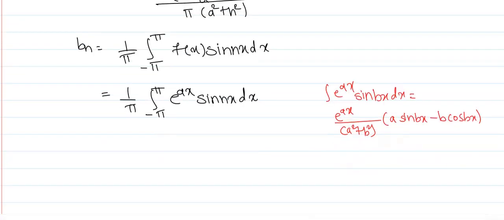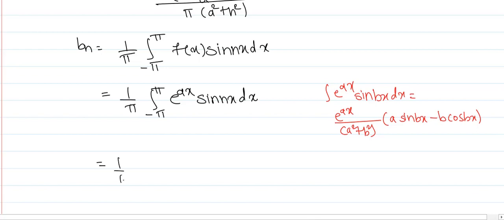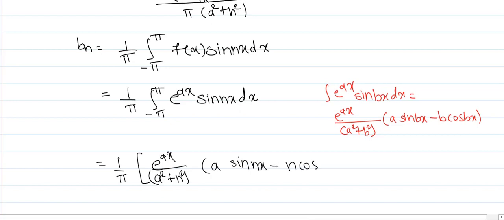Using this formula we get 1 by pi e raised to ax divided by a square plus n square, a sin nx minus n cos nx, limit minus pi to pi.